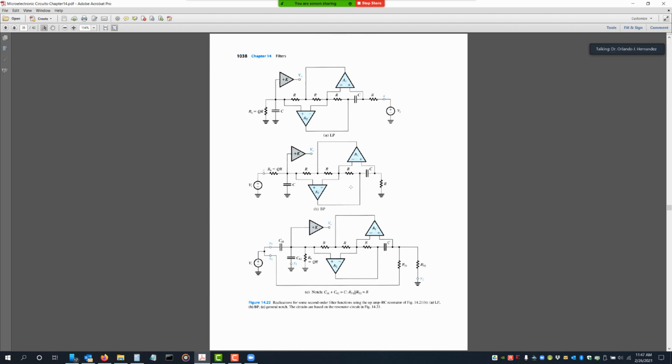Then you can get a notch by putting the inductor in parallel with the capacitor here and taking the output of this node here.